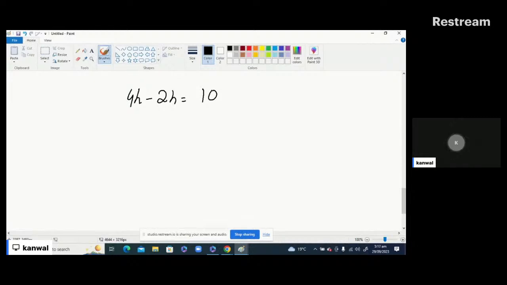That is 2h, that is equals to 10, divided on both sides over 2. Okay, then what's the answer?